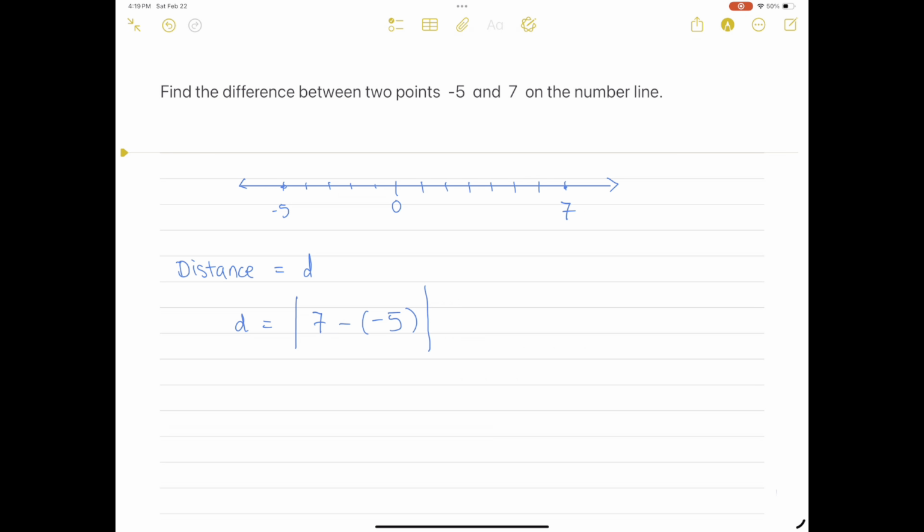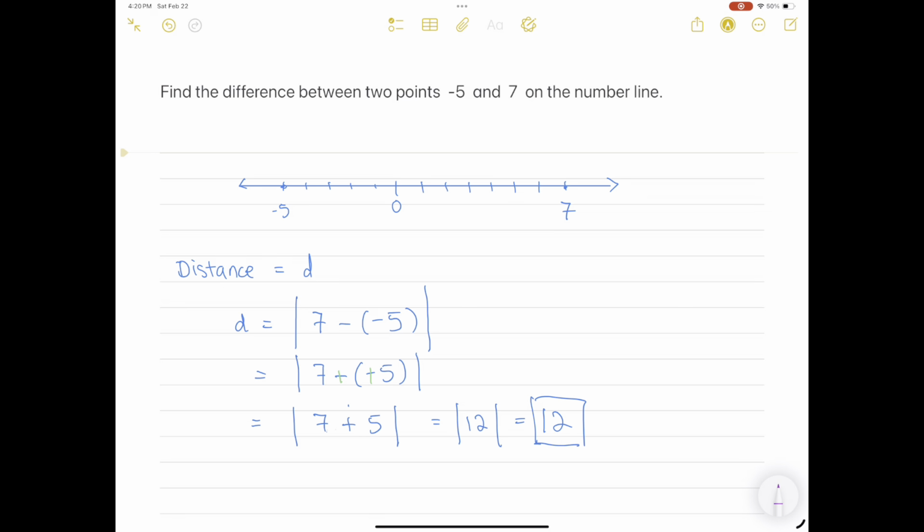So it would be 7 minus -5. 7 minus -5, I add the opposite, which gives me 7 plus 5. 7 plus 5 equals 12. The absolute value of 12 is +12. So 12 is my answer, and I box my answer.